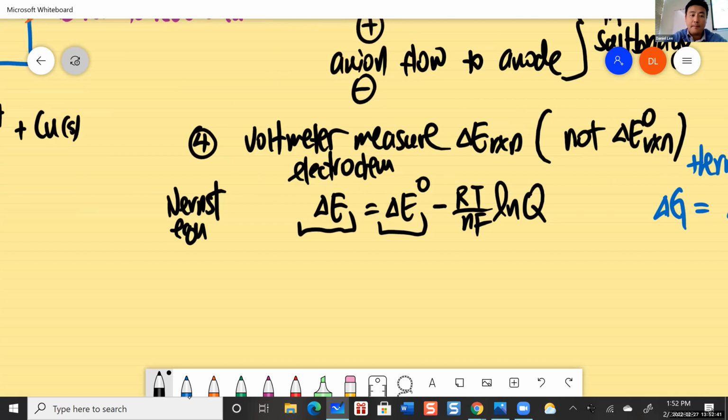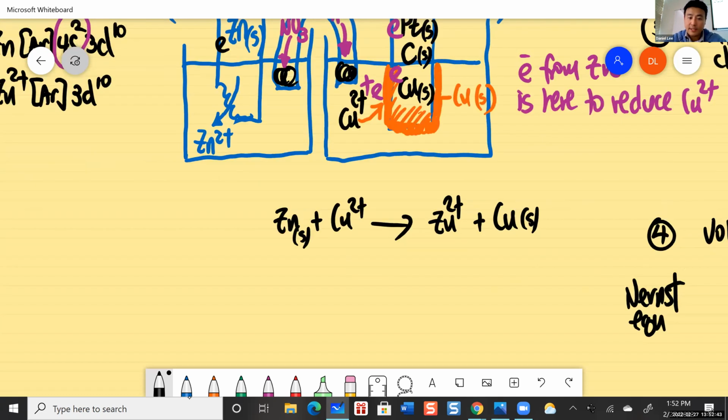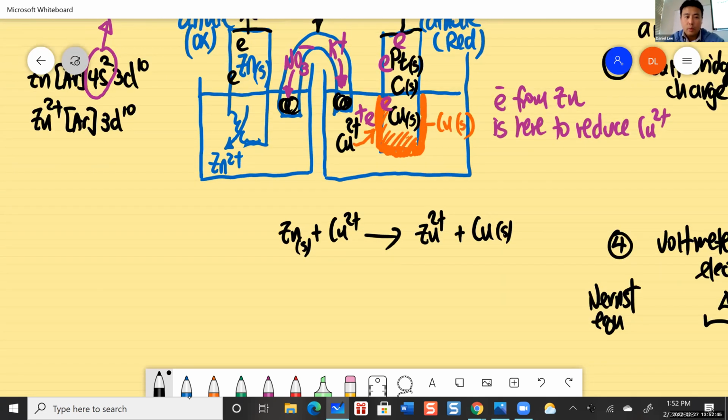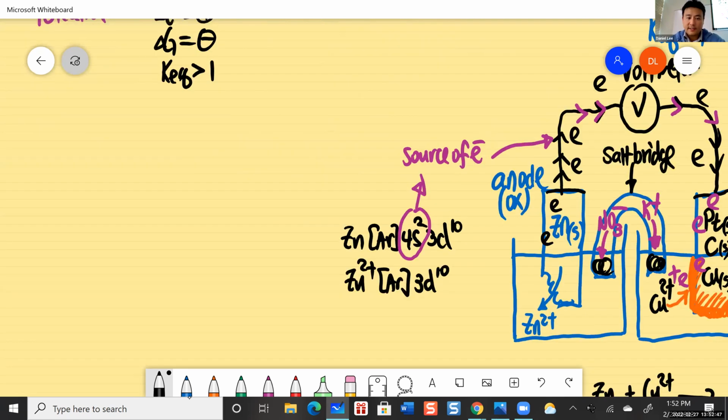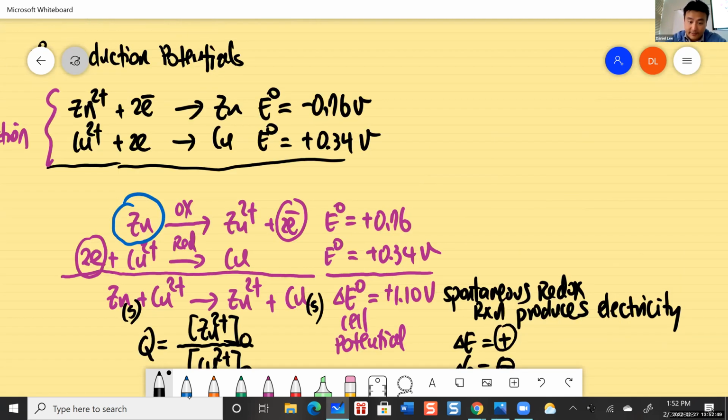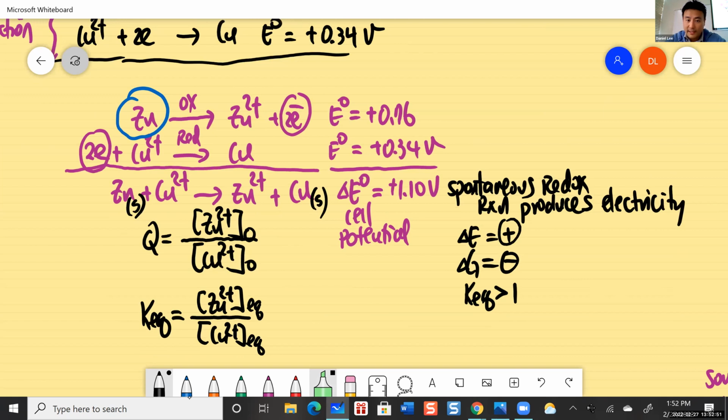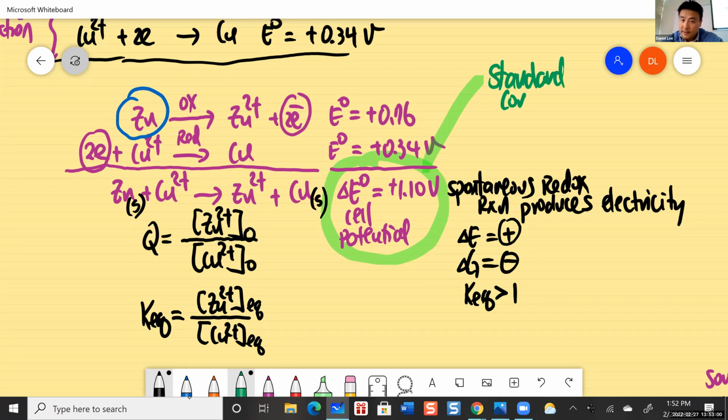So I'm going to come back here and remind you that when we wrote this equation, we got delta E right here. This 1.1 is delta E naught. That is at standard condition, which means everything must be 1 molar. The temperature has to be 25 degrees Celsius, 298 Kelvin.